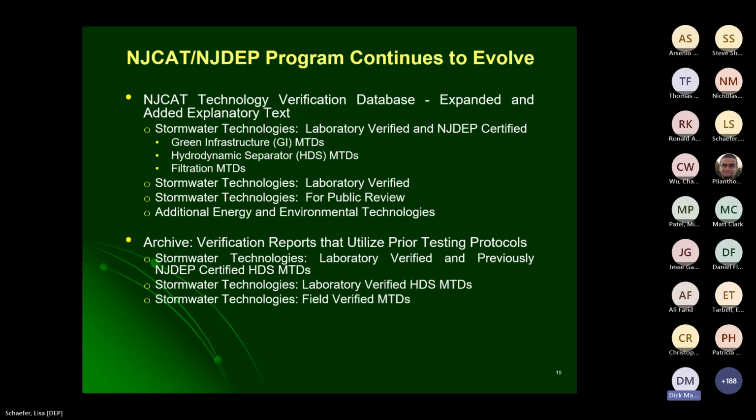So we've archived those and caveated that they're no longer valid. We did some field verifications in the beginning, but I never felt comfortable with that. That's where the department agreed to go to laboratory verified. Next slide.